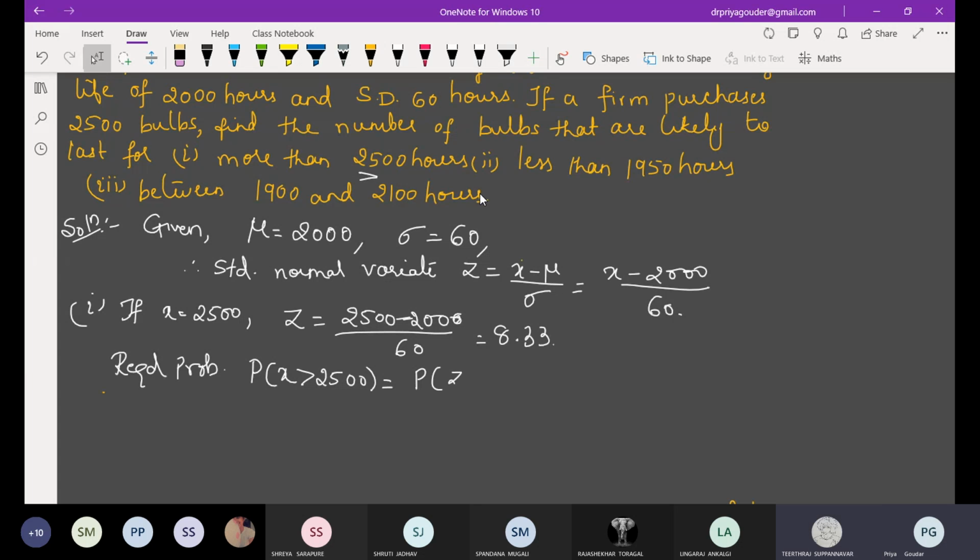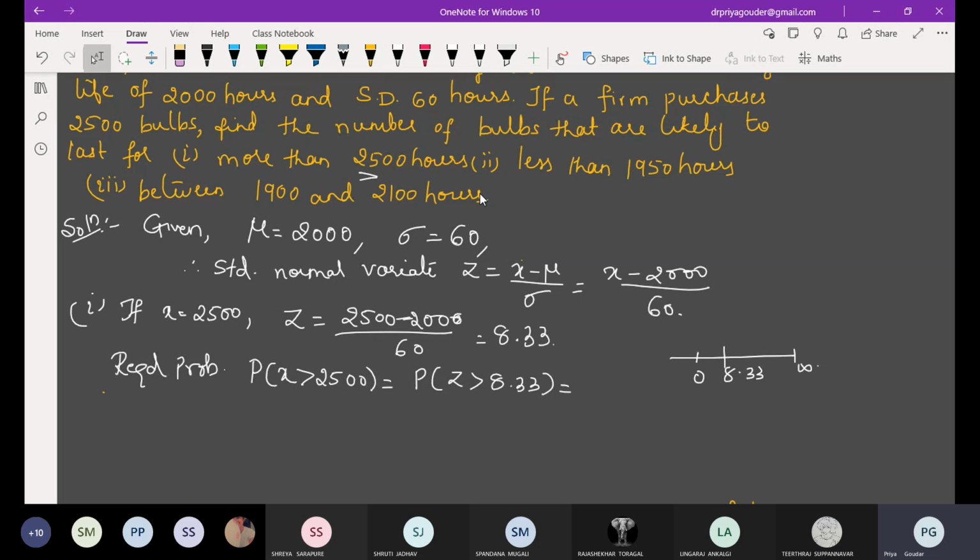This is the probability of z greater than 8.33, if x is 2500. It should start from here, 8.33 till infinity. Whether you have a 0 in this interval or not, we have to take that 0 is here.